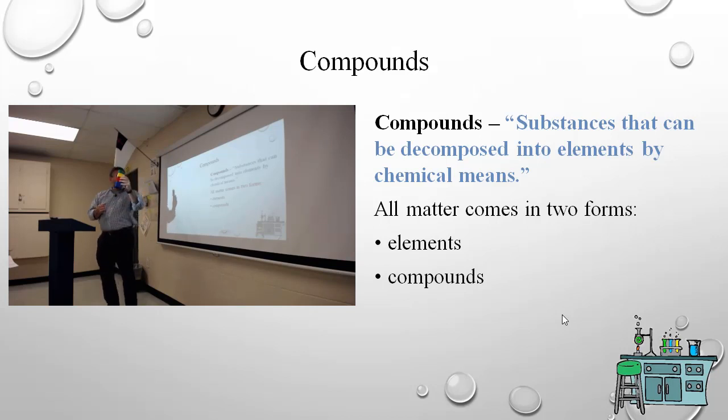So this is your original compound, right? It's a substance that can be decomposed into elements, meaning when I have this compound of 3 blue, 3 red, 2 yellow, 2 green, and I break it apart, that's what decomposition is in chemistry, I suddenly have a bunch of greens, and the greens can't break down into anything else.